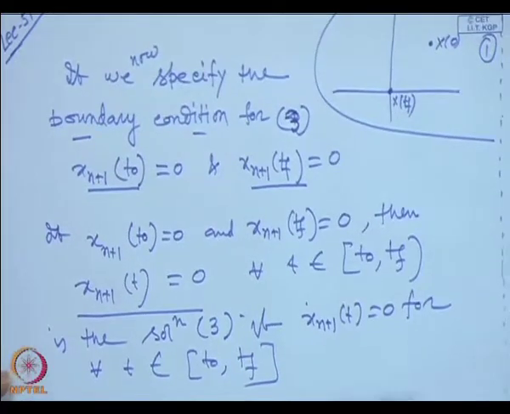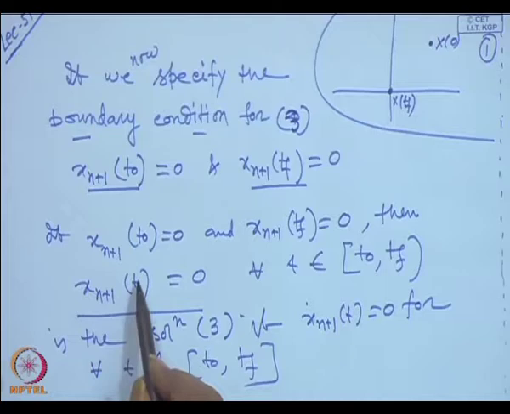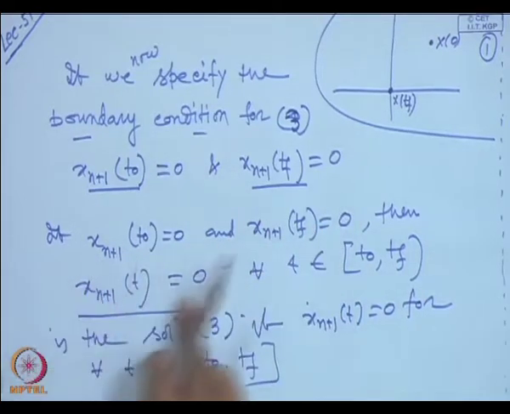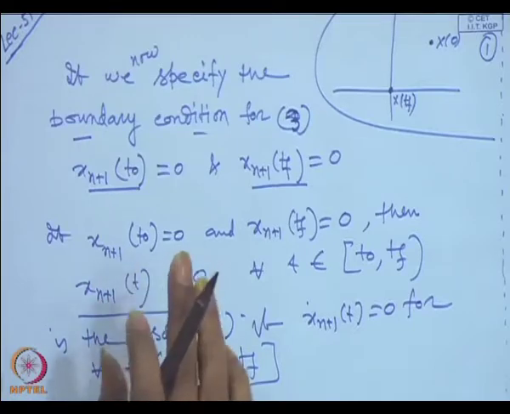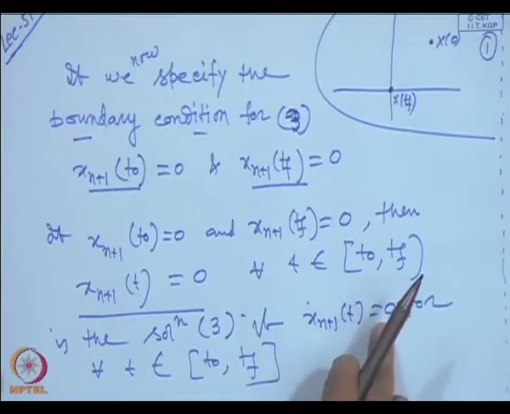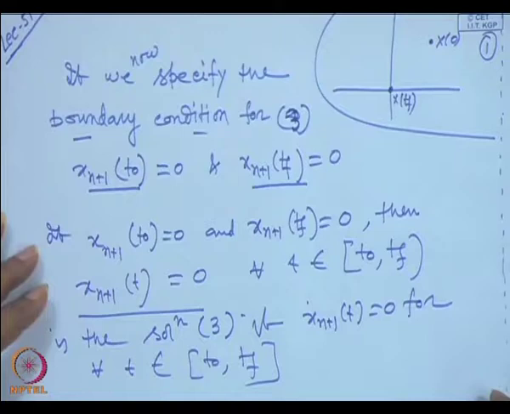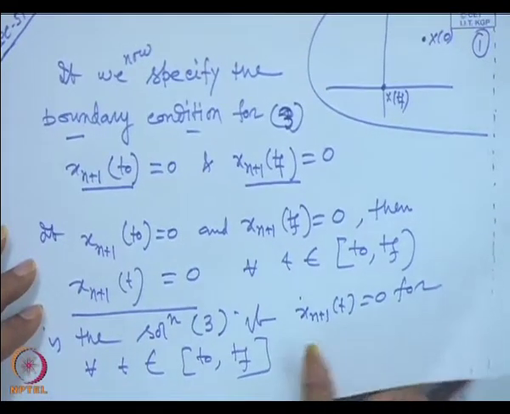So now we know that x n of t f is also 0 and x of t 0 is 0. With this assumption, we can make x n plus 1 of t 0 for all time t if x dot of t is 0. When will it be 0? If all the constraints are satisfied from 0 to t f under this condition.